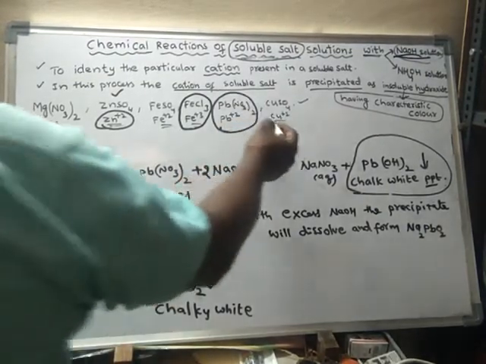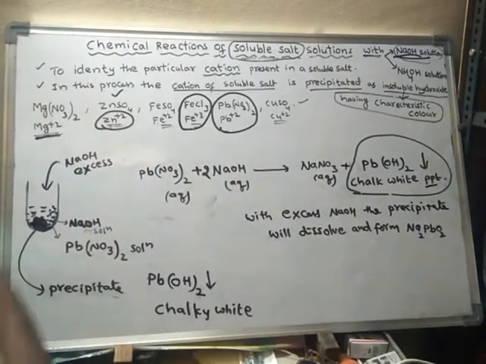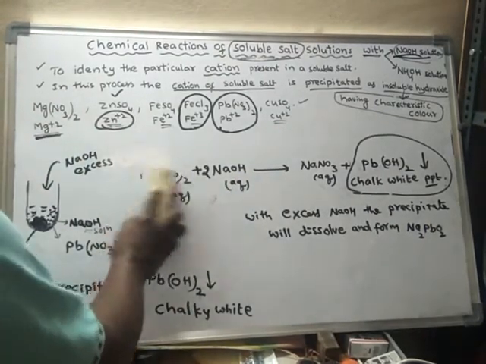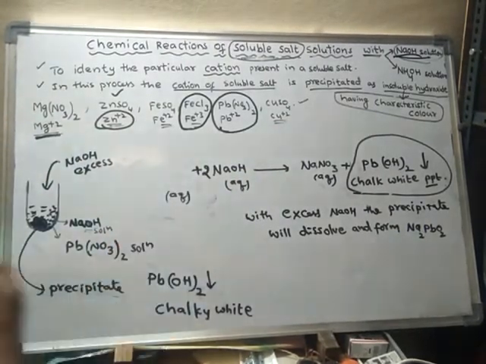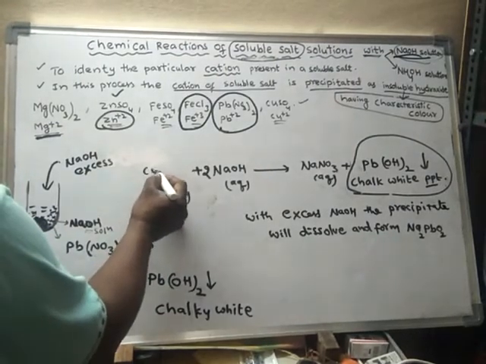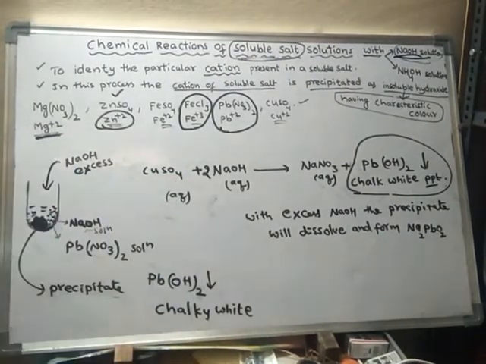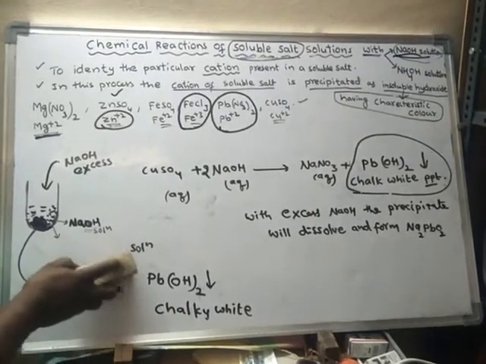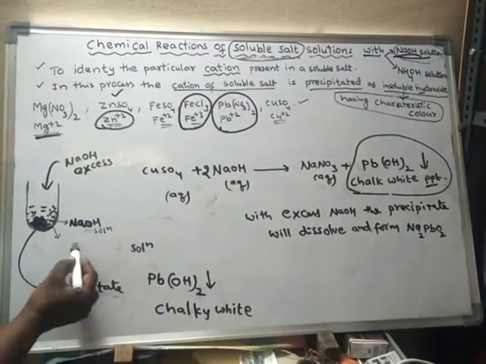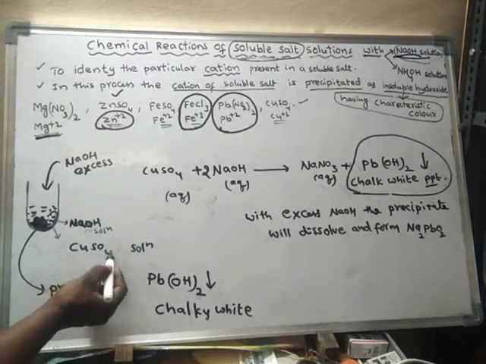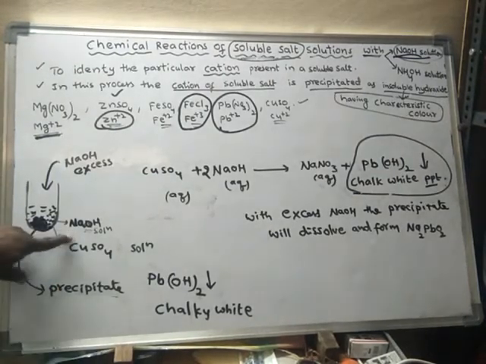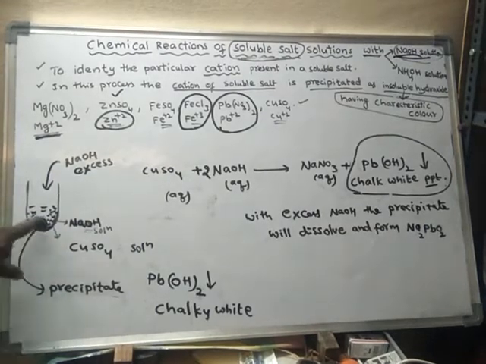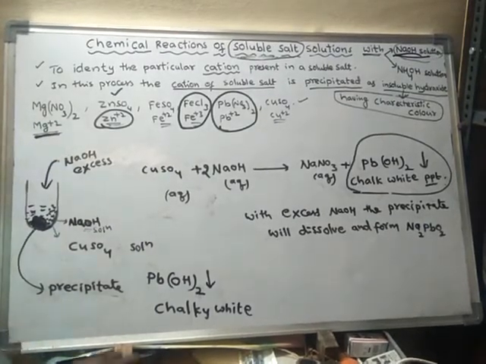Now take copper sulfate instead of lead nitrate. Now change the solution to copper sulfate aqueous solution. Even with these two, they react with each other to form an insoluble salt. So what is the insoluble salt now?